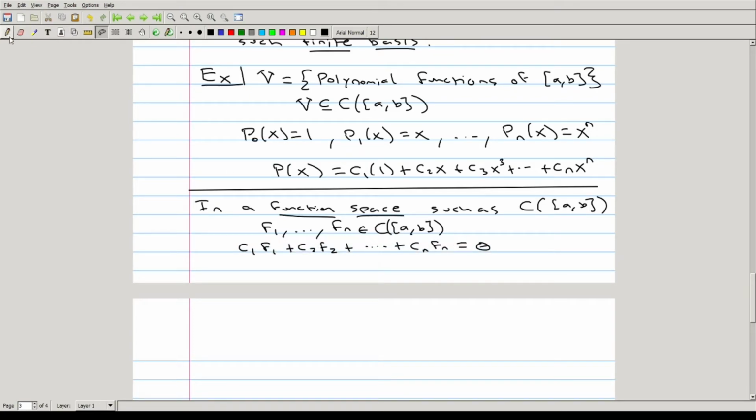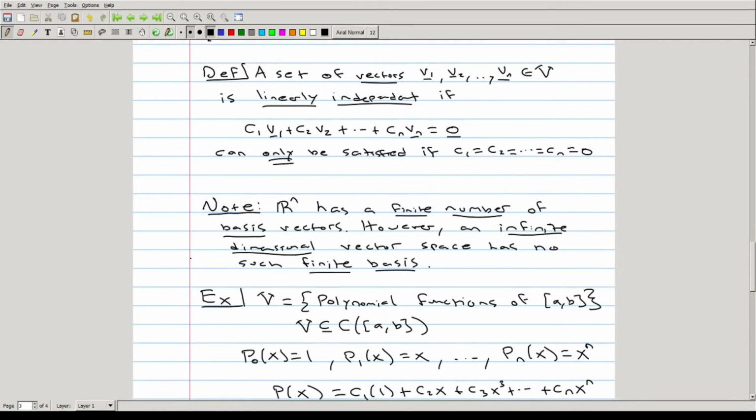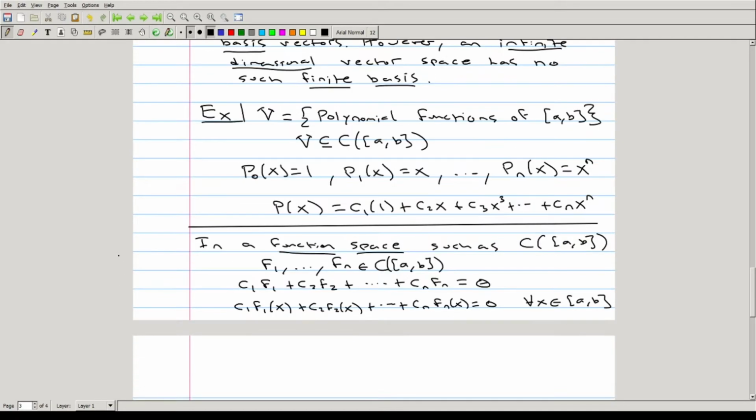This is the same statement as saying that C1 f1 of x plus C2 f2 of x all the way up to Cn fn of x is equal to 0 for all x in the interval from A to B. But this is a very interesting and important example that we're going to come back to and see a lot of.